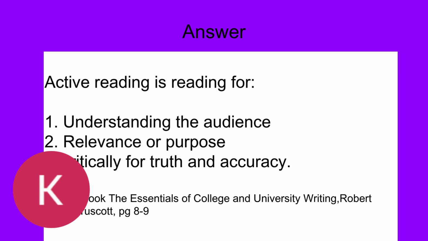So she was able to eventually get results from journals that targeted issues connected to men. So that's a good example of how we should understand the audience, the purpose, and the truth and accuracy of a piece of writing.